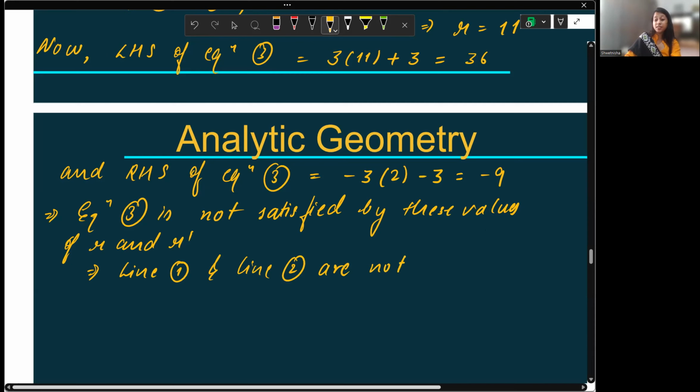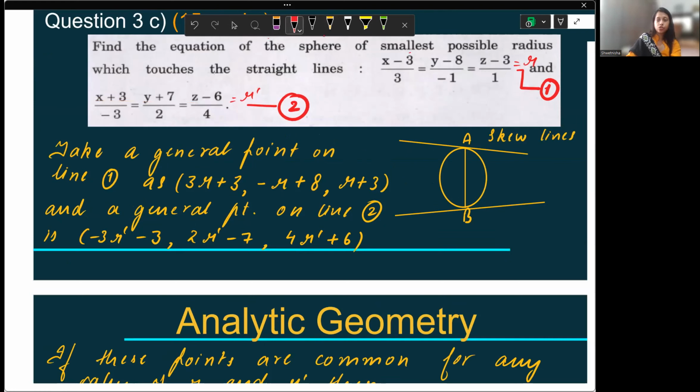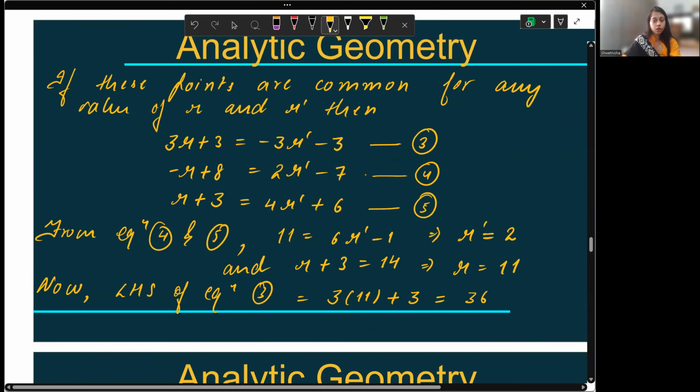But you see, that doesn't imply that these are skew lines, because there is one more possibility of being parallel lines. So I have to check that condition as well. If they are parallel lines, then their direction ratios would be proportional. See, direction ratios are 3, minus 1, 1, and minus 3, 2, 4. They are definitely not proportional, so they are not even parallel. Now I can say that they are skew lines.